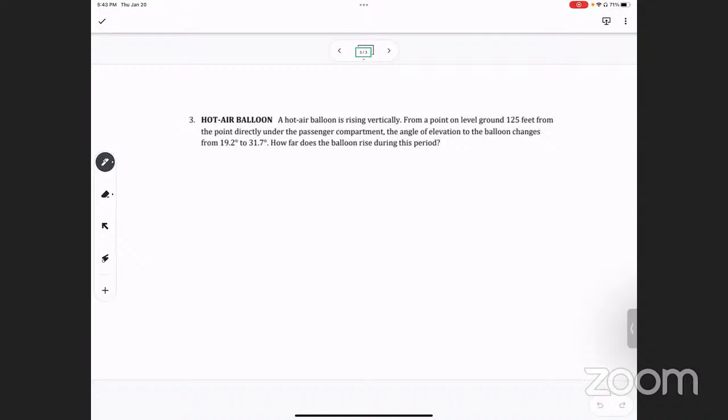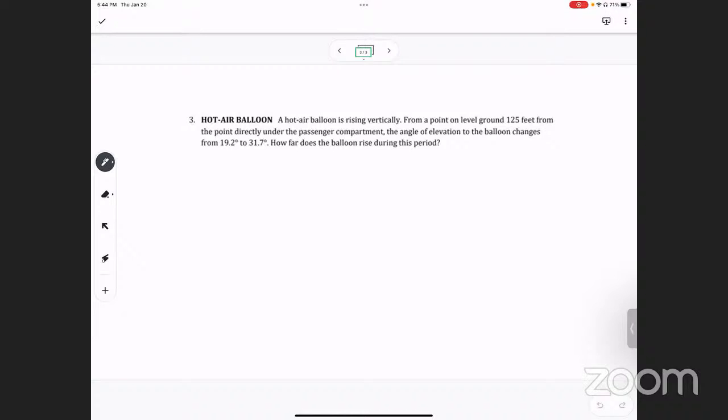So I'm guessing that the hot air balloon would be like this. And then, okay, so it's actually rising during this. Right. So it says from a point on level ground 125 feet from the point directly under the passenger.